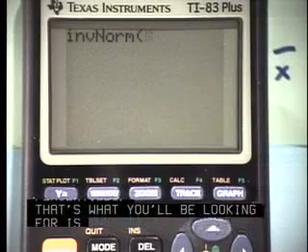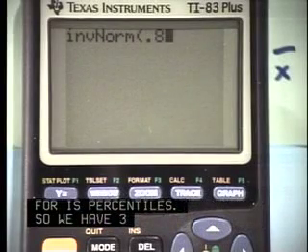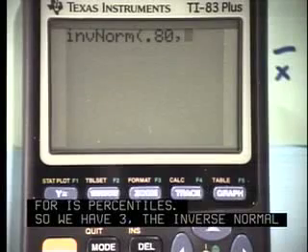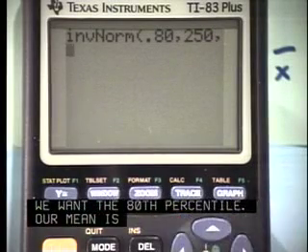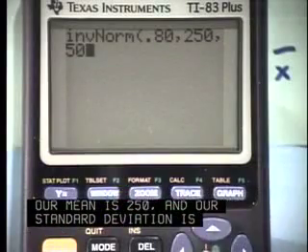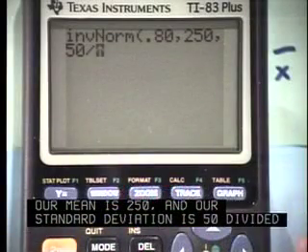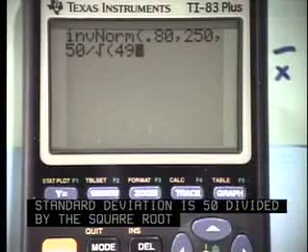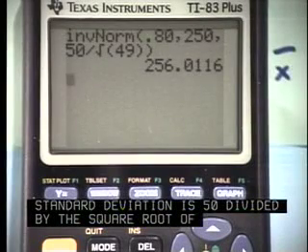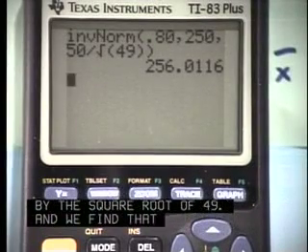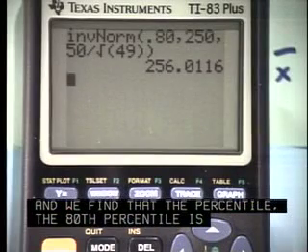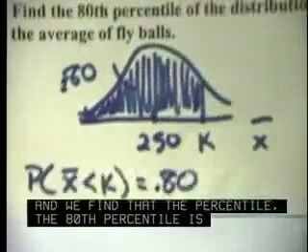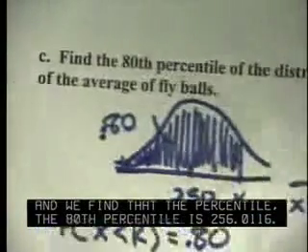So we have 3, the inverse normal, and we want the 80th percentile. Our mean is 250, and our standard deviation is 50 divided by the square root of 49. And we find that the 80th percentile is 256.0116.